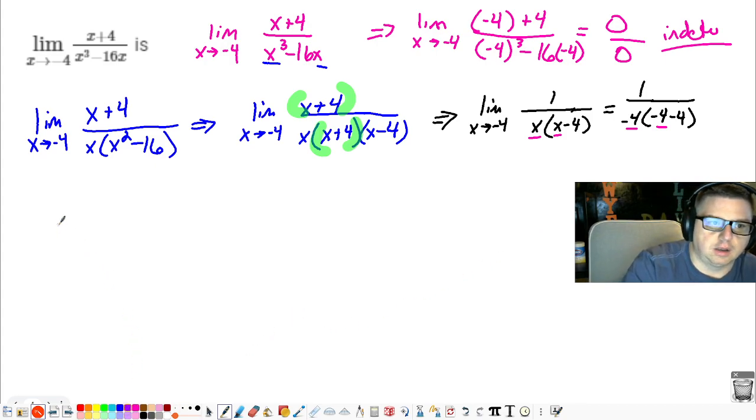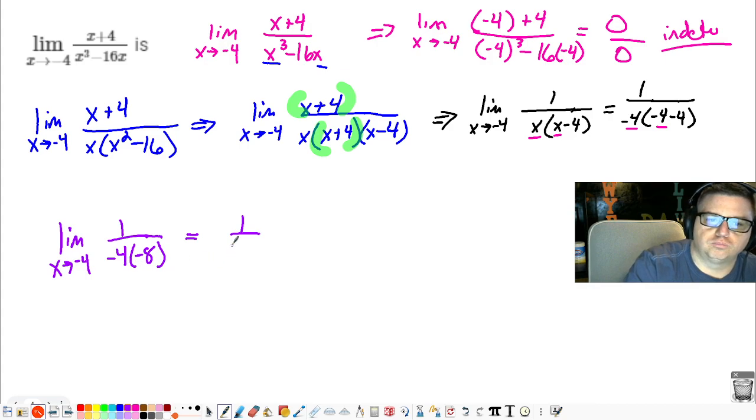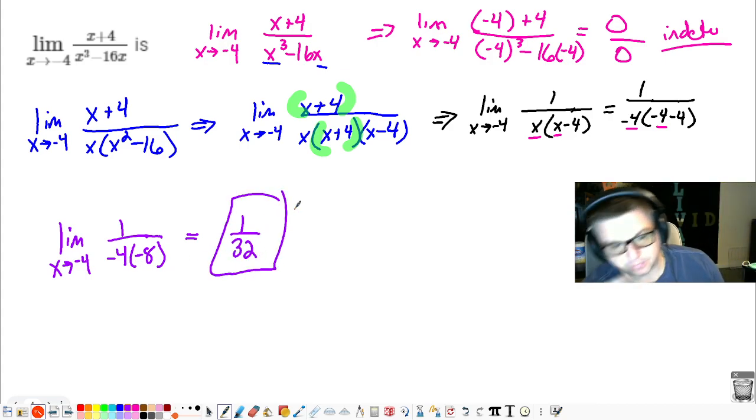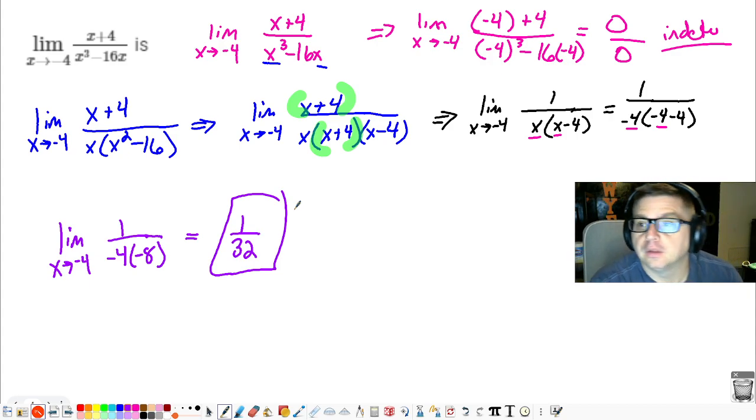So when we do that, we're going to get the limit as x approaches negative 4 to be 1 over negative 4 times negative 8. So then that becomes 1 over 32, which is my answer. This definitely, you would see on the non-calculator portion of the AP exam.